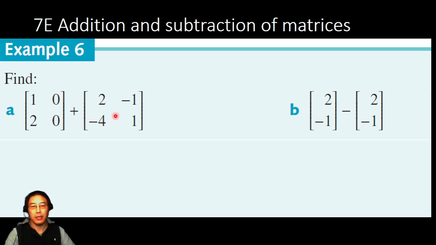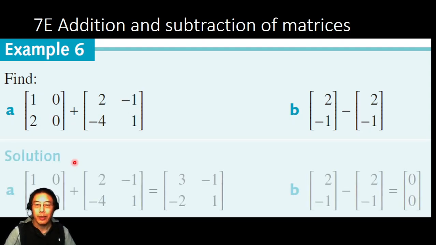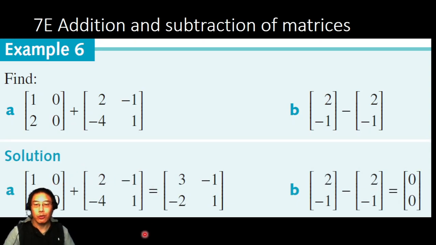So here is adding 2 by 2 matrices, and a subtraction of 2 by 1. Probably pause the video, try to do that in your head. I think it's pretty straightforward. You don't have to write this down, and try to come up with the answer. Alright, let's continue. Here is the solution. So it has the answer by adding the corresponding entries, and here they subtract the corresponding entries.